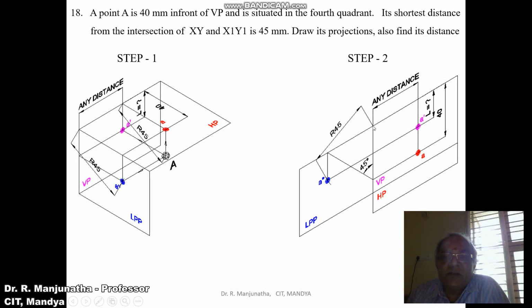Then you measure the distance from here and take a radius of 45 and cut an arc on this inclined line, so that you are going to get this point A double dash. Then draw a horizontal line from here to the front view and mark this point, which is going to be A dash, and write the dimension L is equal to question mark and find the solution for that. So this is how you will be able to analyze it.